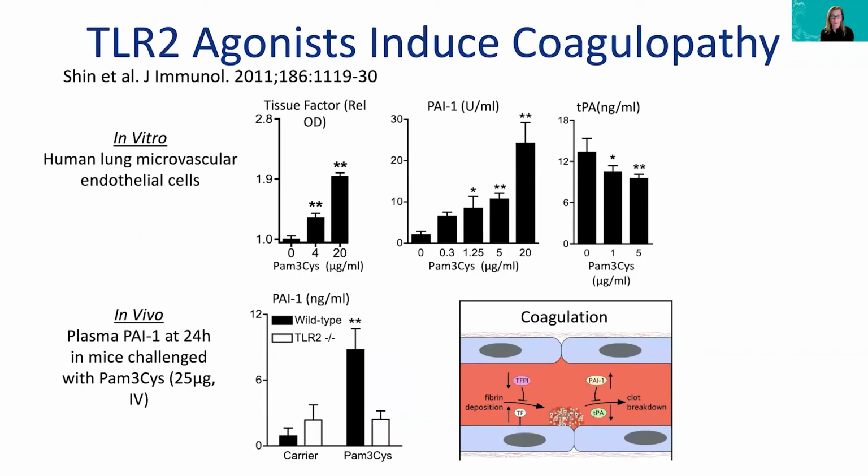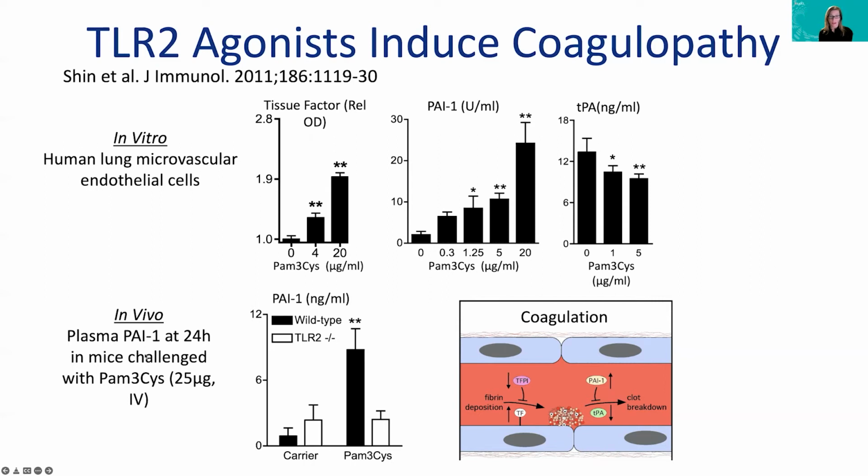We've also found that the activation of endothelial toll-like receptor 2 leads to a pattern that is consistent with sepsis-induced coagulopathy. In the top panel, we treated lung microvascular endothelial cells with PAM3-Cys, which we found upregulated surface expression of tissue factor and the secretion of PAI-1 into the supernatants, and downregulated tPA secretion into the supernatants.